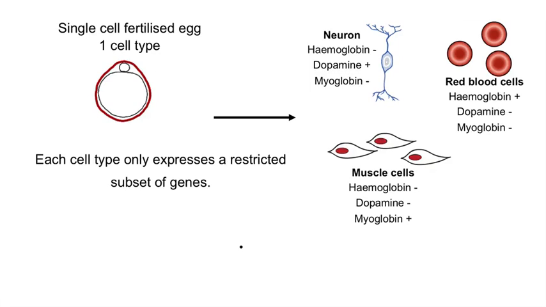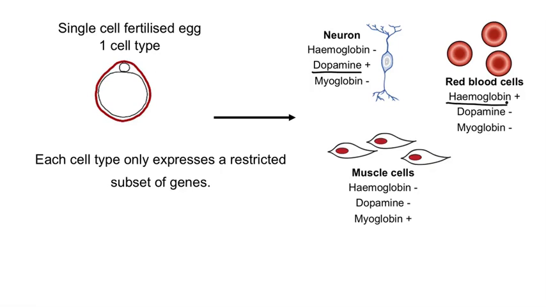And it's this particular set of genes that are chosen to be expressed within each cell type that really defines their function. If we think about that with just 3 cell types in mind, in a neuron, we know they make dopamine, this signaling molecule, but they don't make hemoglobin or myoglobin. Hemoglobin, on the other hand, is made in red blood cells, and this is the protein, of course, that's required to traffic oxygen around the body.